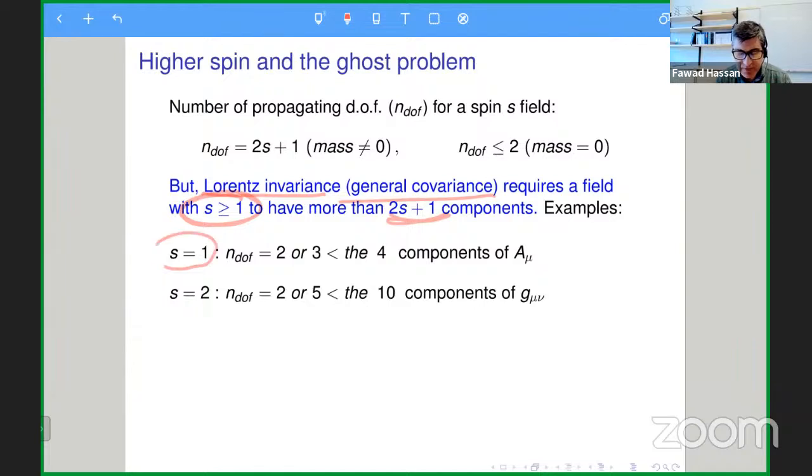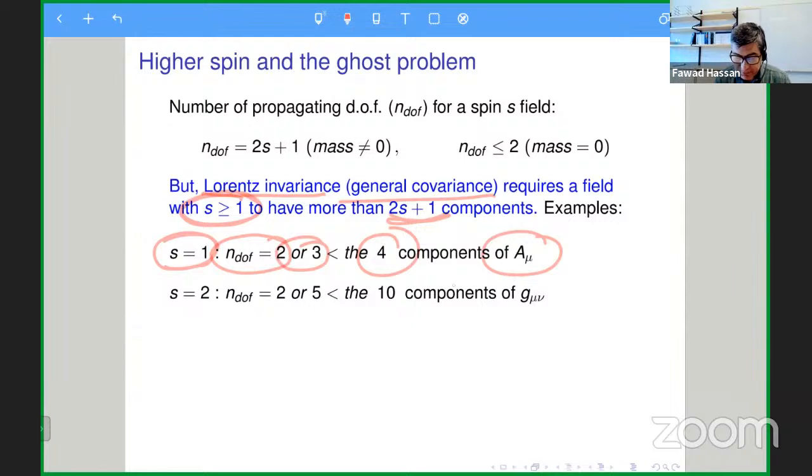If you want to have a field of spin 1, which is like the photon, you will have 2 degrees of freedom for a massless field, or 3 degrees of freedom for a massive field. That's 2S plus 1. However, we know that to describe this, you need a field A mu, which has 4 components. So the number of components in the field is more than the number of states and the number of degrees of freedom that you want to have at the end of the day.